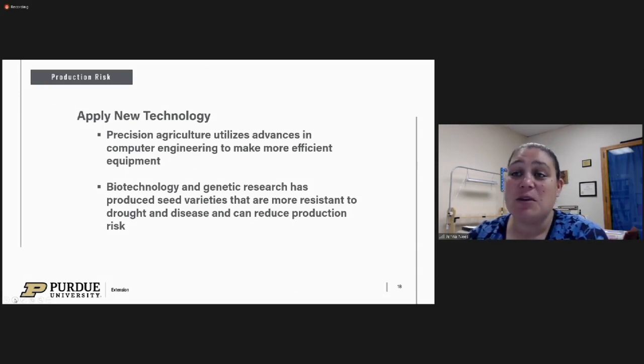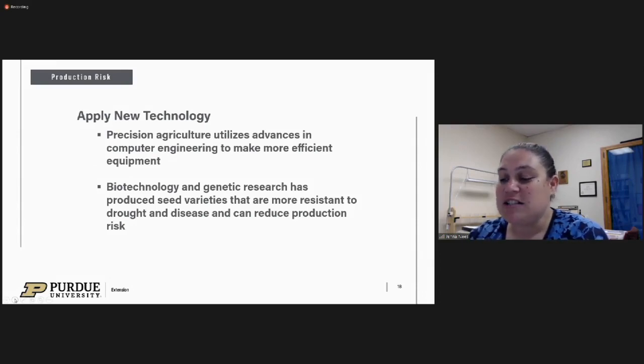Or if we're able to make sure that we're only spraying certain parts of the field with that herbicide that really need it, and not just spraying the whole field because we've got GPS, that can help too. And it will help reduce those fertilizer and herbicide bills associated with just doing normal business by adapting to that new technology that is available to us.